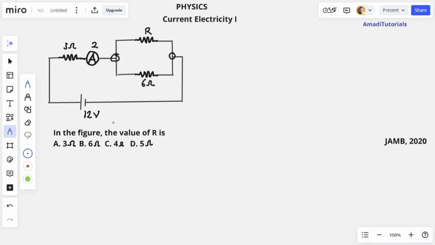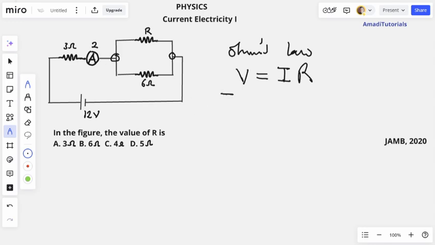So according to Ohm's law, the mathematical representation is that voltage is equals to what? Current times the resistance. So if you have a circuit, here we have the current. This current here represents the current coming from the battery, the current being drawn from the cell.